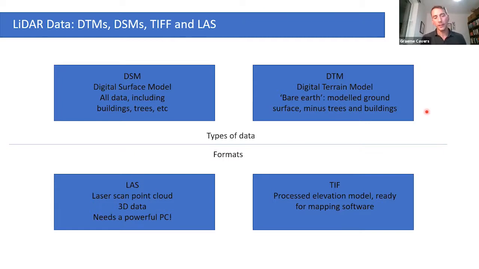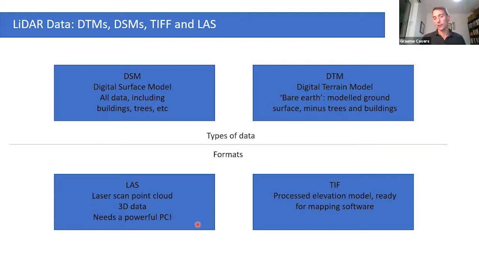If you're really keen and you want to get into the 3D data itself, you can also download the data in LAS format, which is that raw point cloud that I was showing you earlier. So again, if you have a powerful PC, and you will need one because it's very big data, hundreds of megabytes of data quite easily, then you can download that three-dimensional data and open it up in free software.